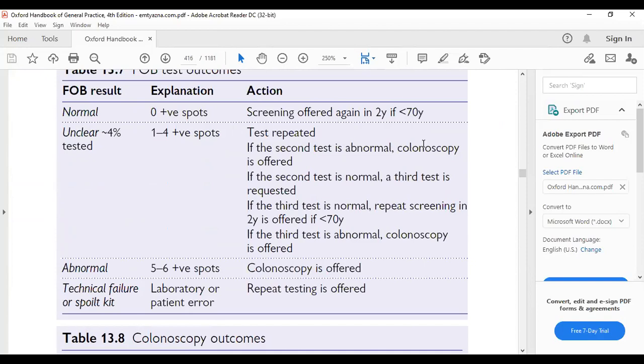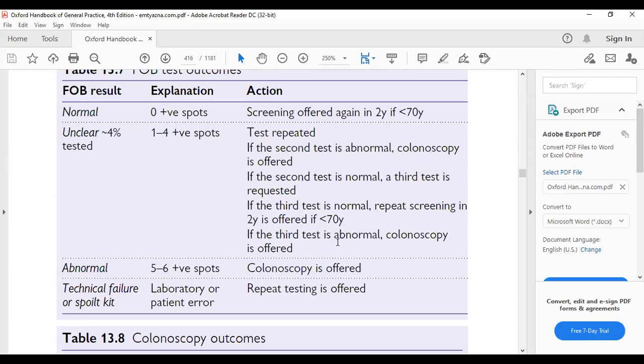If the second test is normal, the first test was unclear and the second was normal, then you perform a third test. If the third test is normal, you have two normals, second and third, and the first was unclear. Then you go to the same thing, 2-year follow-up.